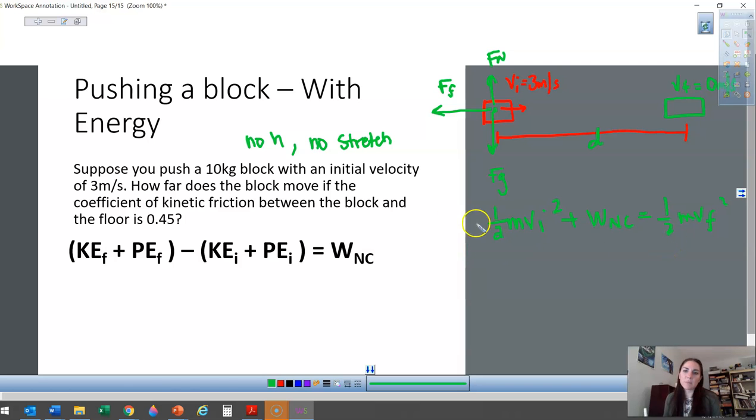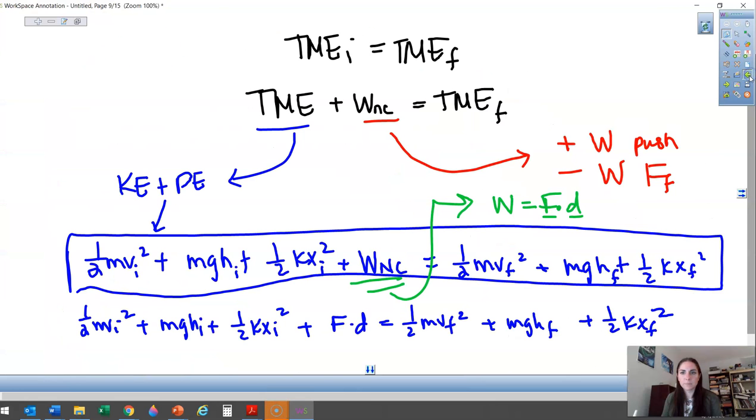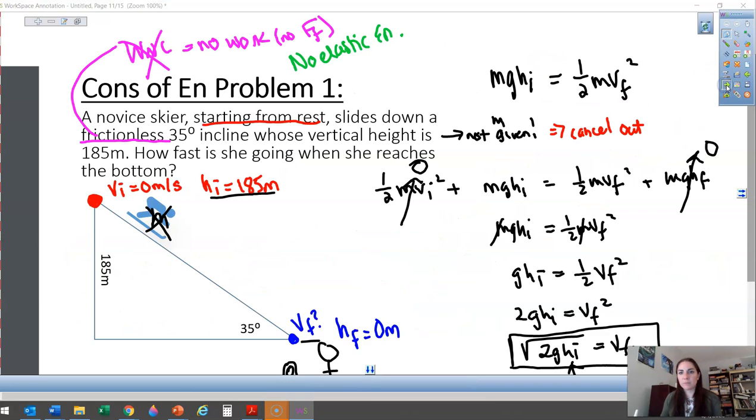I got this from a couple slides ago. Let me show you where I'm getting this from. So no elastic, no potential. I rewrote it in that way, so I'm going to do it that way.